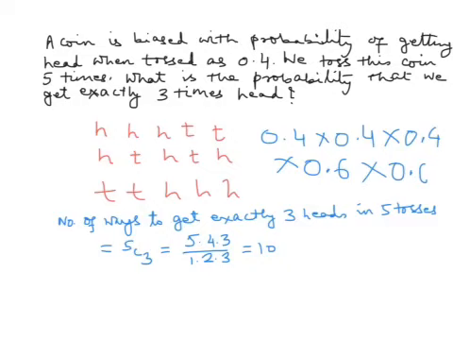If we look at the second way of getting 3 heads and 2 tails, then again you will notice that you will have 0.4 for this head, then 0.4 for the second head in the third toss, and again 0.4 for the head in the fifth toss, and 0.6 and 0.6 for the 2 tails in the second and fourth toss.